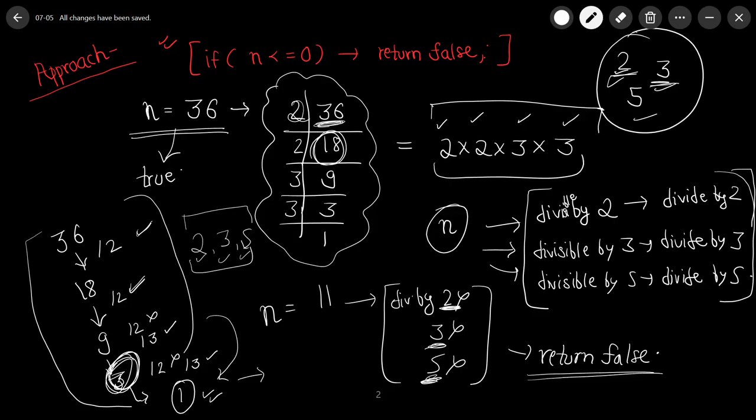Let me show you another example as well. Suppose we have n equal to 42. As I told you, you would first check whether it's divisible by 2. Yes, it is. So we divide it and get 21. Now again, we check if it's divisible by 2. It's not.